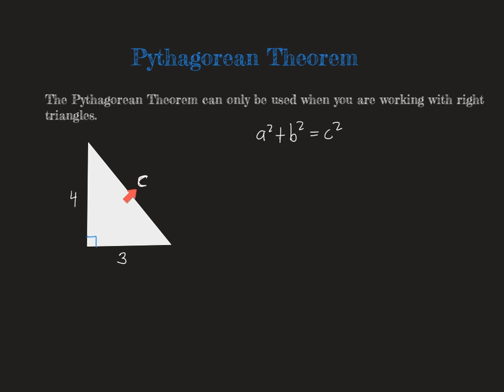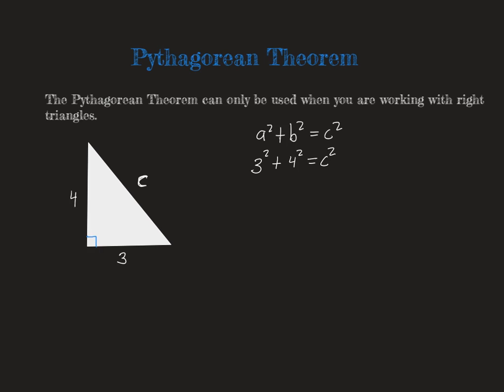Again, keep in mind that this is c because this is going to be the longest side opposite to 90 degrees. So we're going to plug in numbers. We're going to start with a is 3, so 3 squared plus 4 squared is going to be equal to c squared.